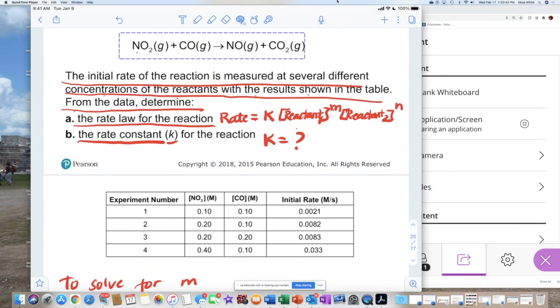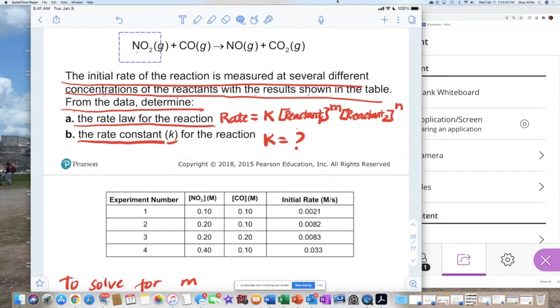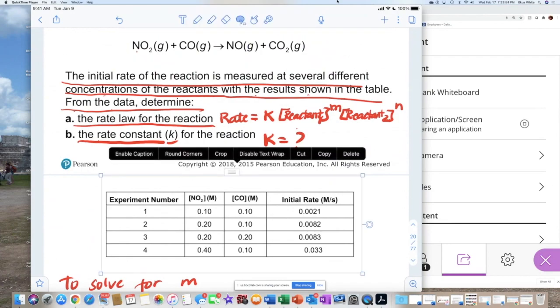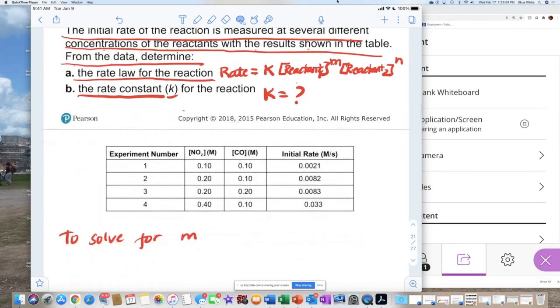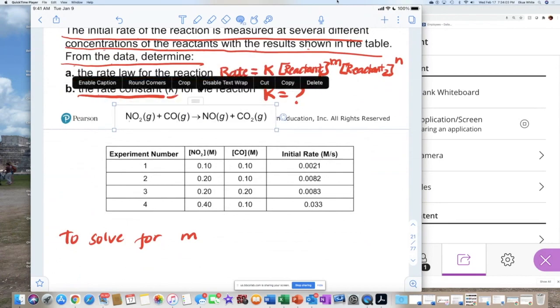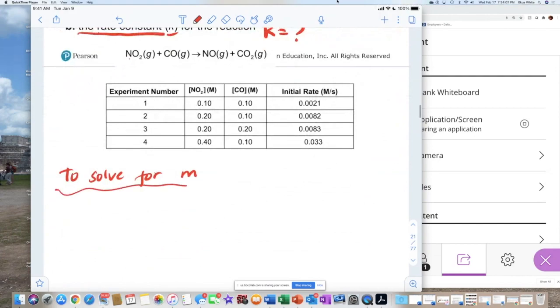I'm so used to recognizing my symbols by how they look, and now I have to remind myself it looks different. Wait, I already copied this, didn't I? Okay. So I'm trying to solve for M.